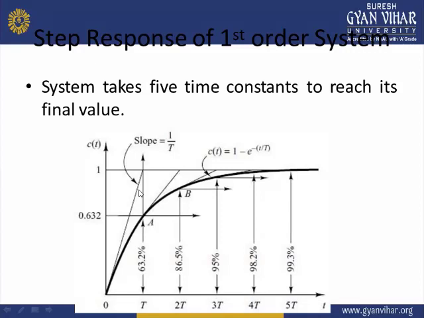Then the question arises, why don't we go for more time constants of 60, 70, and so on? The reason is that if we go with a further increase in the time constants, the sluggishness of the system will increase, and comparative to the sluggishness, the error is not reduced that much compared to the previous state.